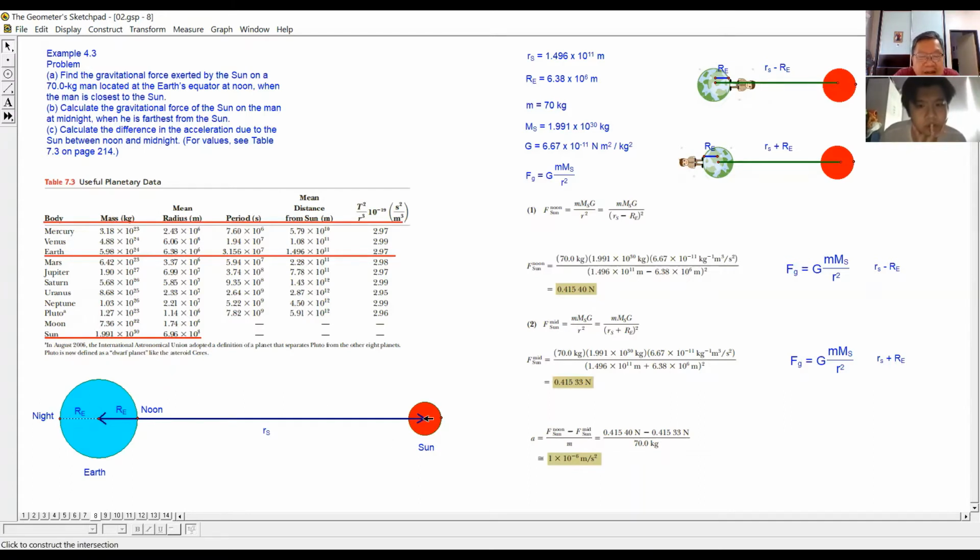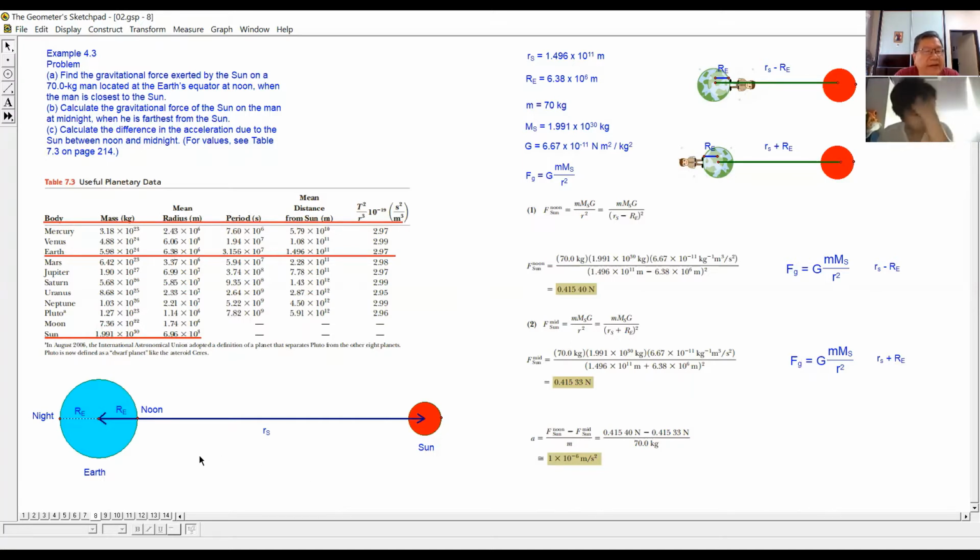So from the center of the sun until the center of the earth, that is the distance between the two planets. And it is given the symbol RS, radius of the sun, or the distance from the sun. Remember, it is until the center of the earth, right? It begins from the center of the sun.